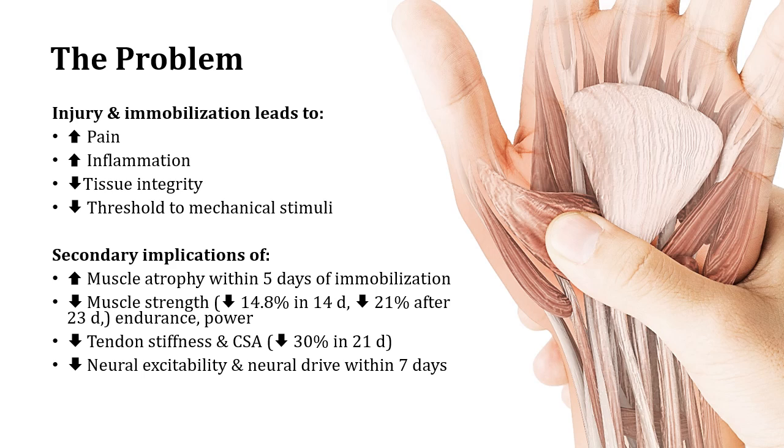So with the problem that we face within rehab and the inability to adequately expose the biological system to mechanical stress, then we have to seek alternative means or creative means.